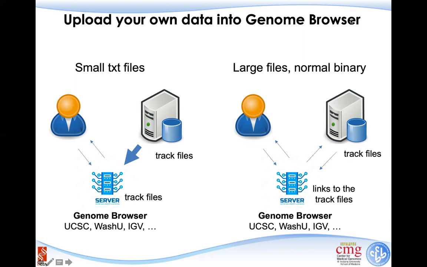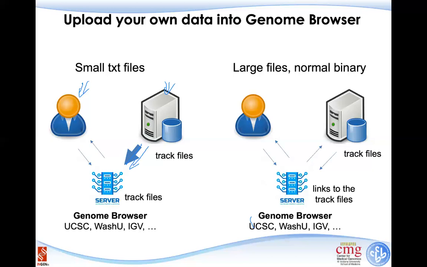First, on the left side, which is the short text files, I will give you some examples. Let's assume this is you, and your files are in your computer or in some server. The way you do it is you first load your data into the UCSC Genome Browser server.